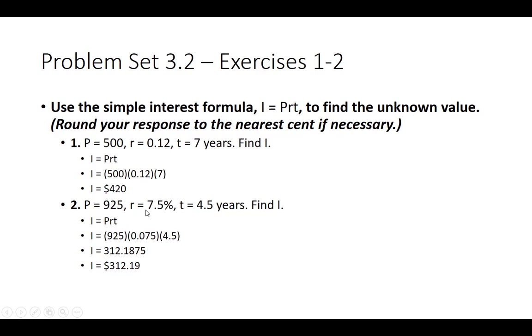Number 2, we're given P is 925, R is 7.5%, and T is 4.5 years. Again, find I. Plugging in what we know, PRT becomes 925 times 0.075 times 4.5, which calculates to 312.1875, and rounded to the nearest cent, we have $312.19.